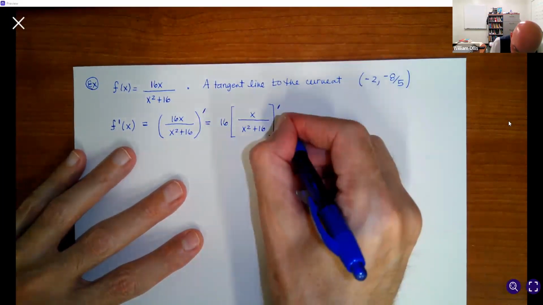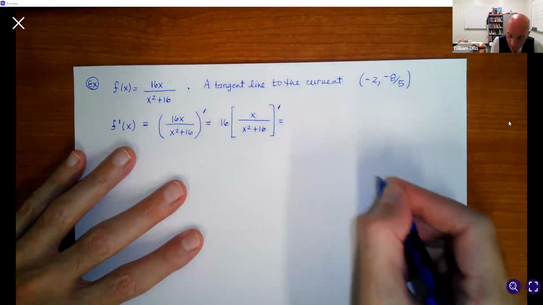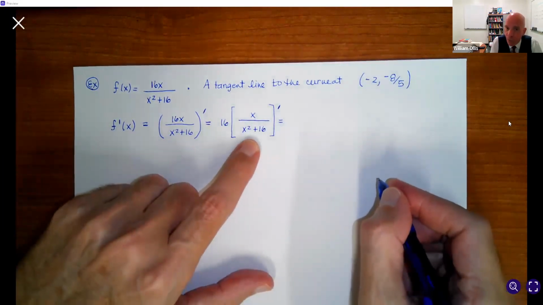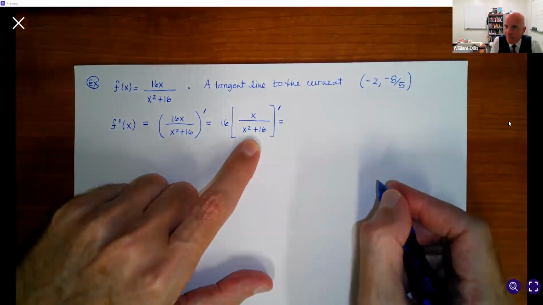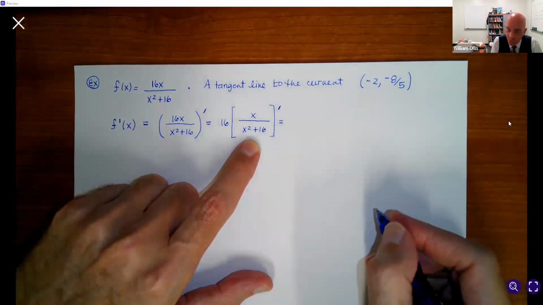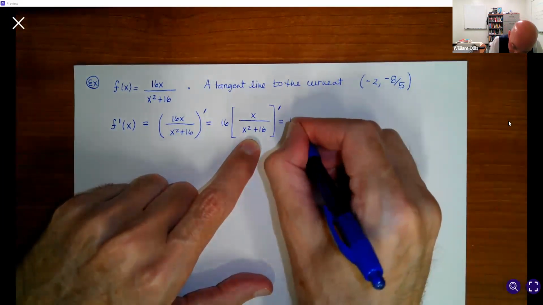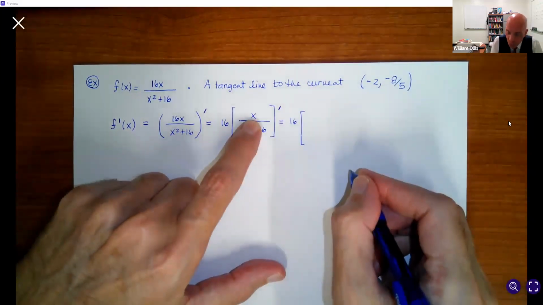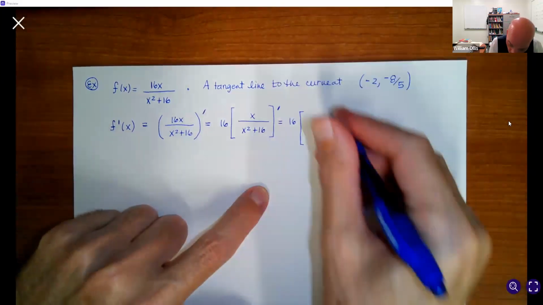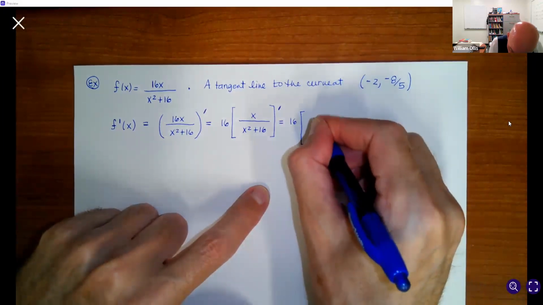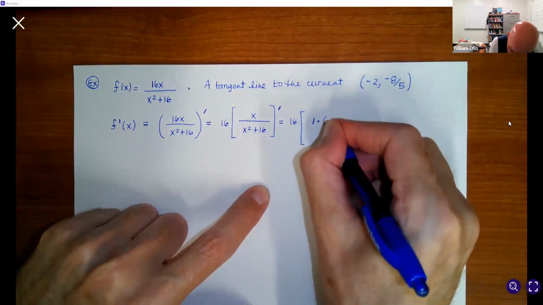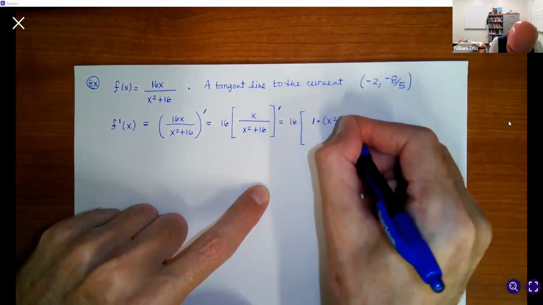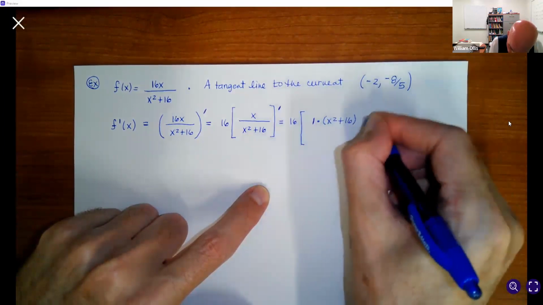So now these are just easy polynomials where we can use the power rule, so we don't have to be as pedantic as we were when we were doing the proofs. So now we have 16 here. And now we take the derivative of x, which is just 1. We proved that, remember, so we have 1 times x squared plus 16 with a minus sign.